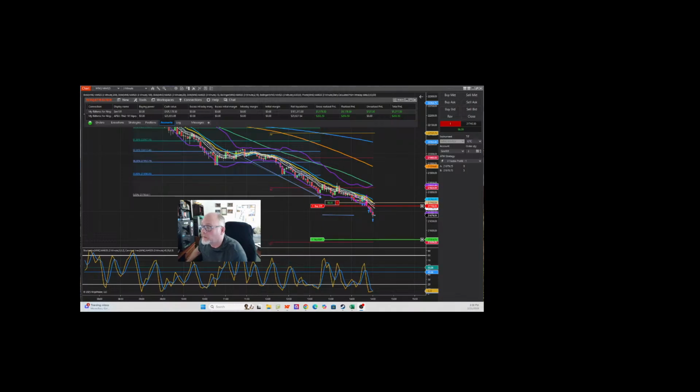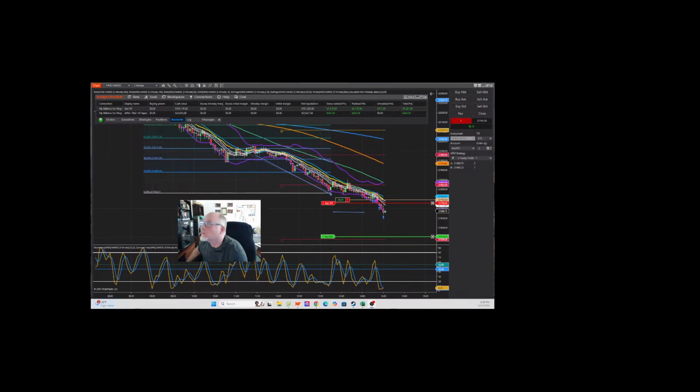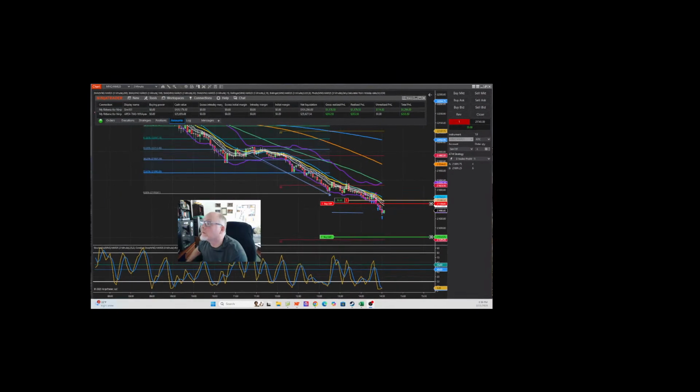Scale to window. I don't like that one. Canvas. See how that comes out.